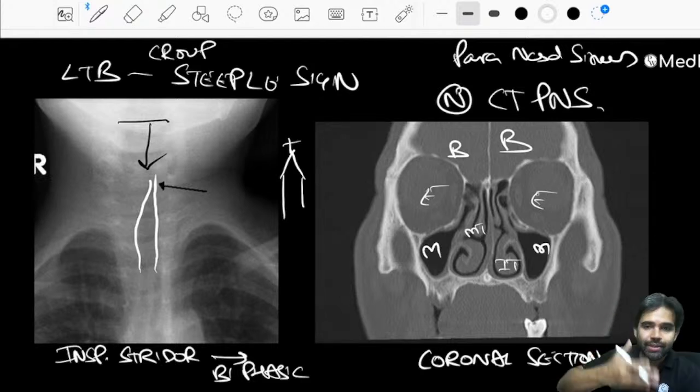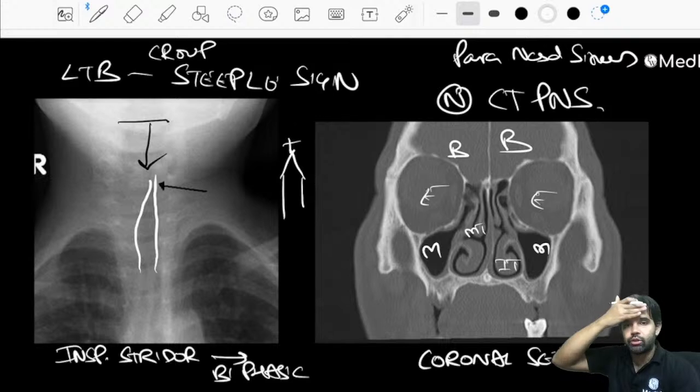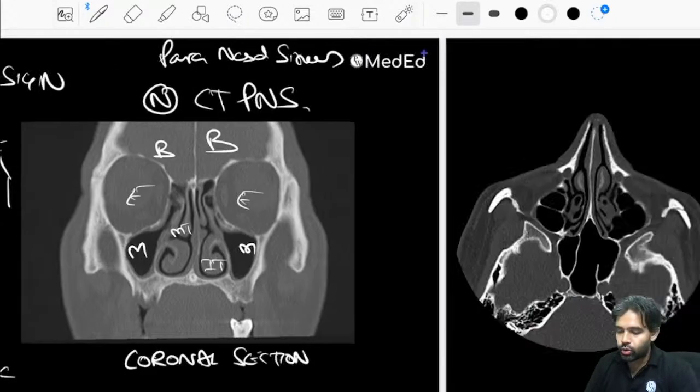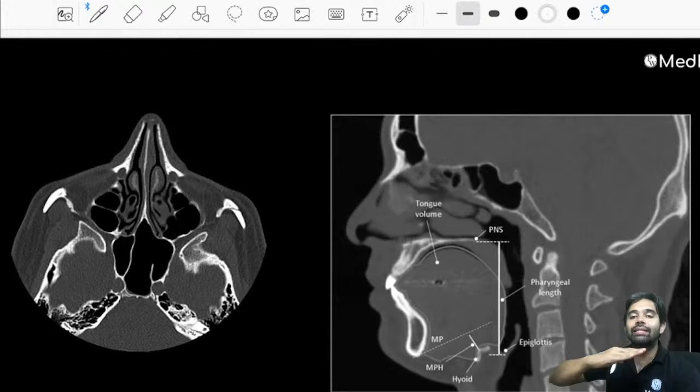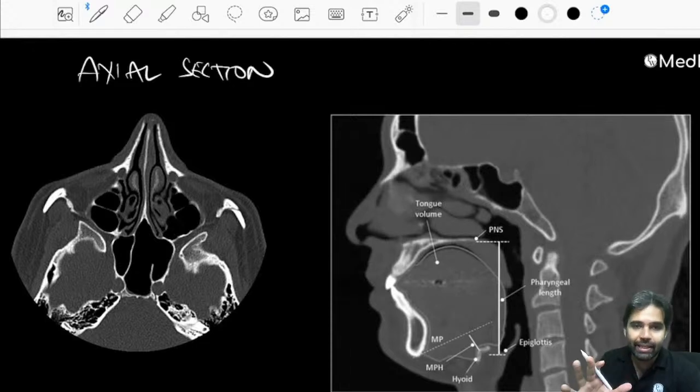This has been asked: what are the sections of CT scan to view the sinuses? So the slices are taken with the face looking towards you. That is called coronal section. If you are taking slices like this, like you're cutting from the middle, from the neck, this is called axial section. Okay, in the axial section, remember in CT scan, whatever is black is air, whatever is gray is tissue, and whatever is white is bone.